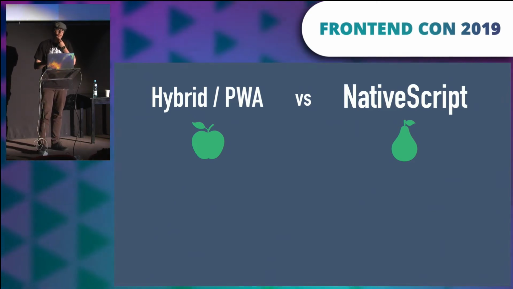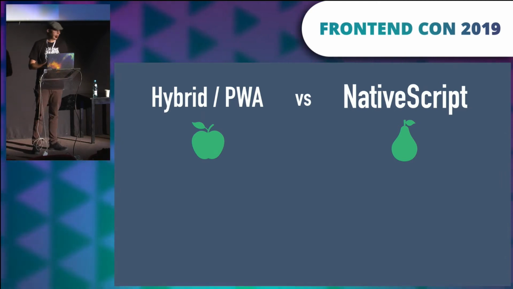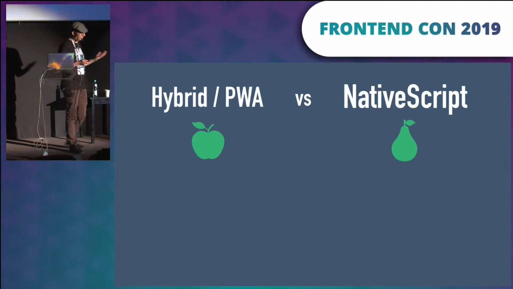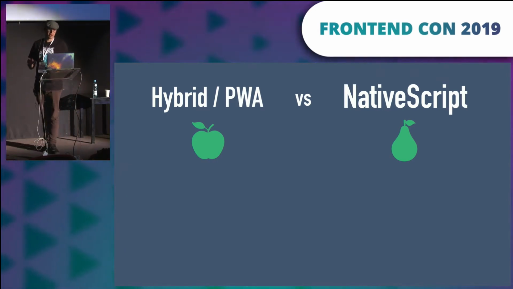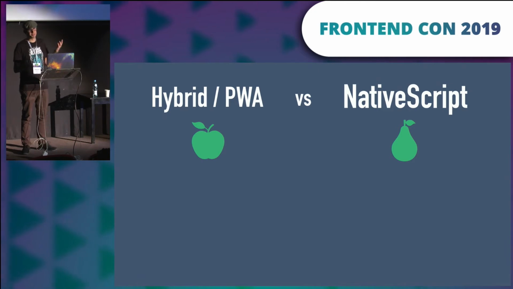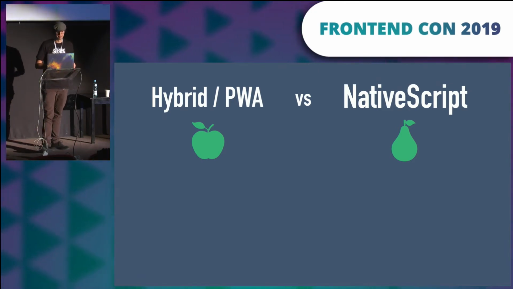Hybrid, I mean, like a Cordova app or a PWA, progressive web app. I would say that comparing these with NativeScript is like comparing apples to pears. It's not comparing apples to oranges, because they are not so different, but it's kind of comparing apples to pears.